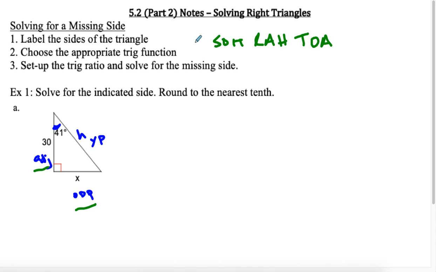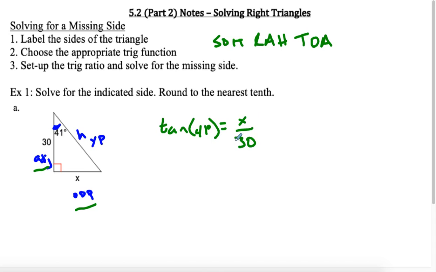So the trig function that I'm going to choose is tangent. The way that we set this up is tangent of the angle, so tangent of 41 degrees equals opposite over adjacent. So in this case, that would be x over 30.